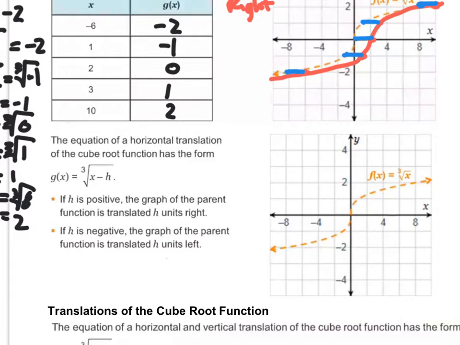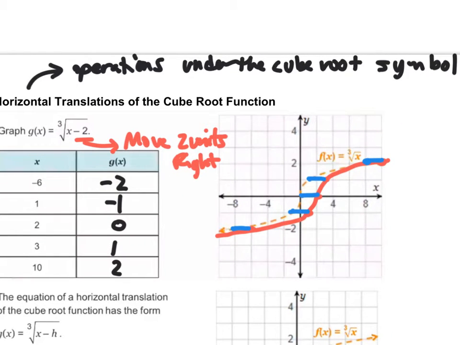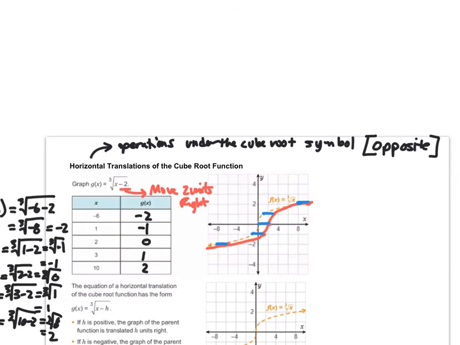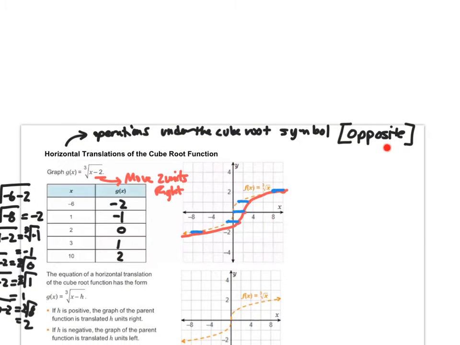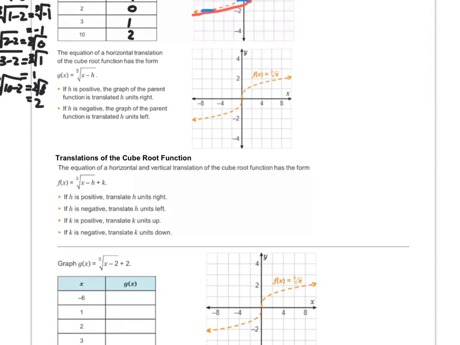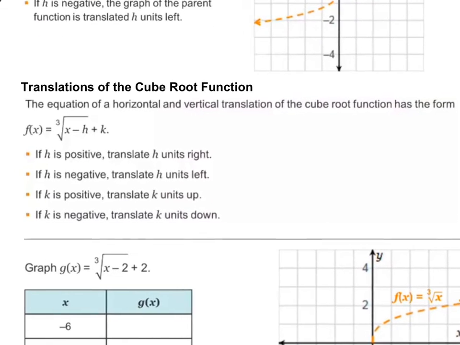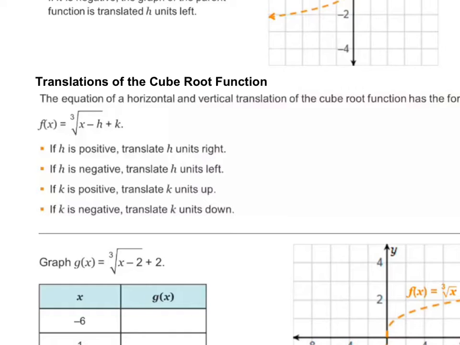If h is negative, move it to the left. So basically, whatever the operation is, do the opposite, and that's going to move it either to the left or to the right. Okay, let's look at the next one.